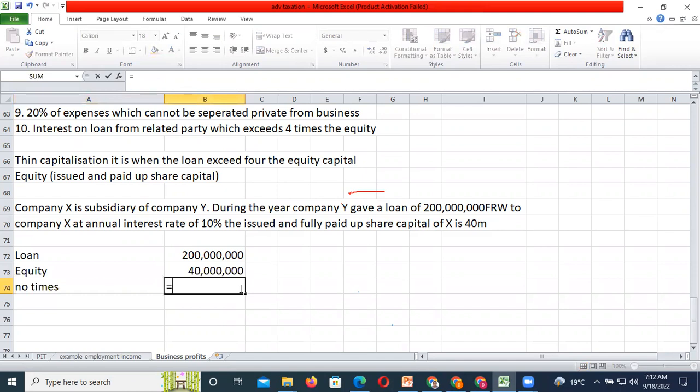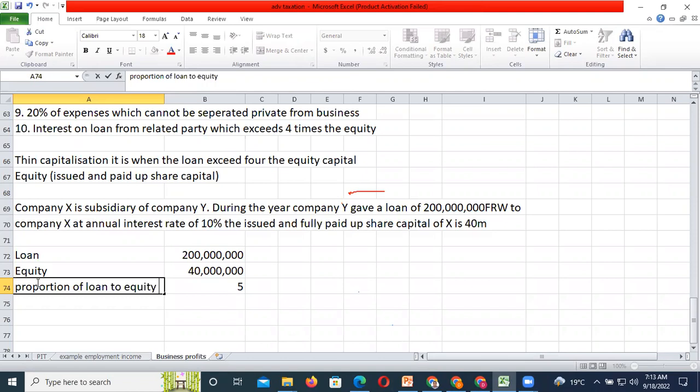You'll find that the loan is 5 times the equity capital. The proportion of loan is 5 times. So it means that this is automatically a thin capitalization, because the loan is 5 times more than the equity.